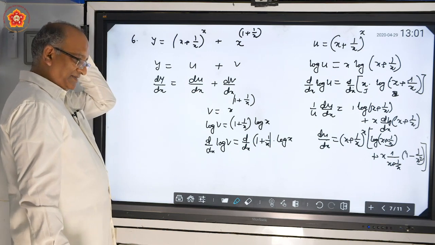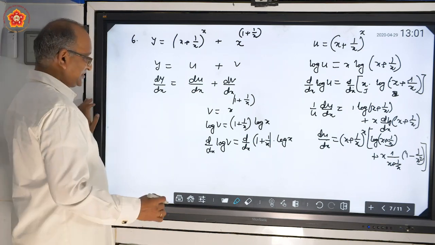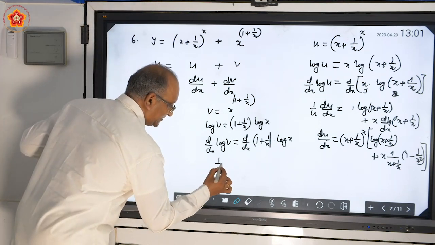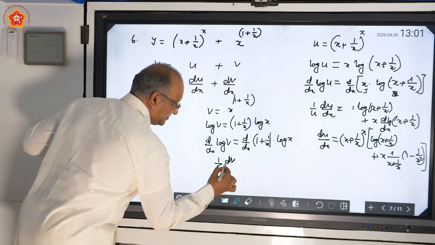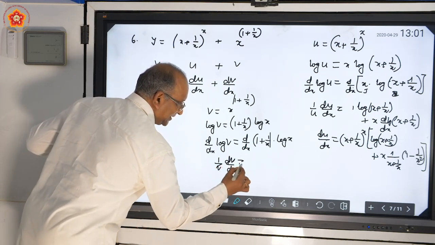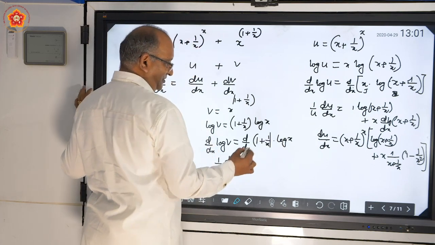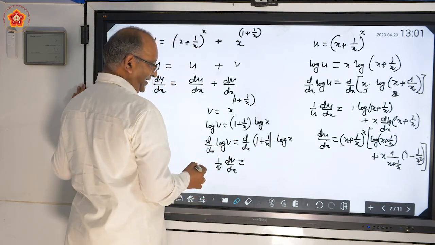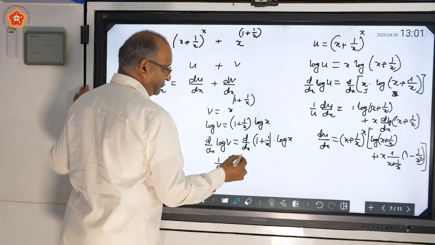Once again, the left hand side is d dx of log v, which can be written as 1 by v dv by dx, equal to d dx of this. How do we find d dx of this? We use the product formula.